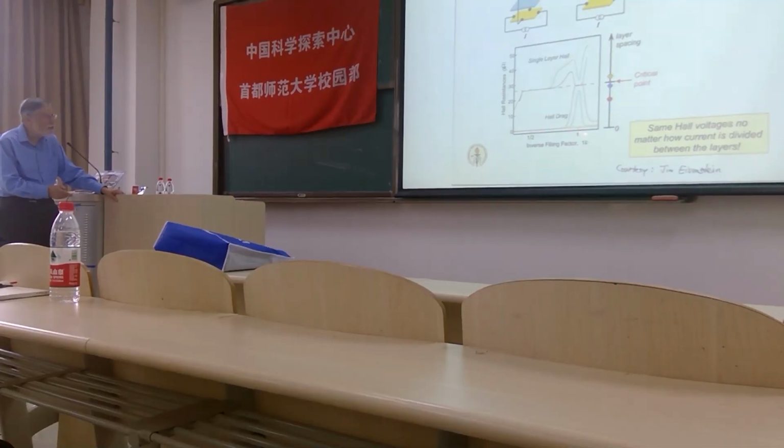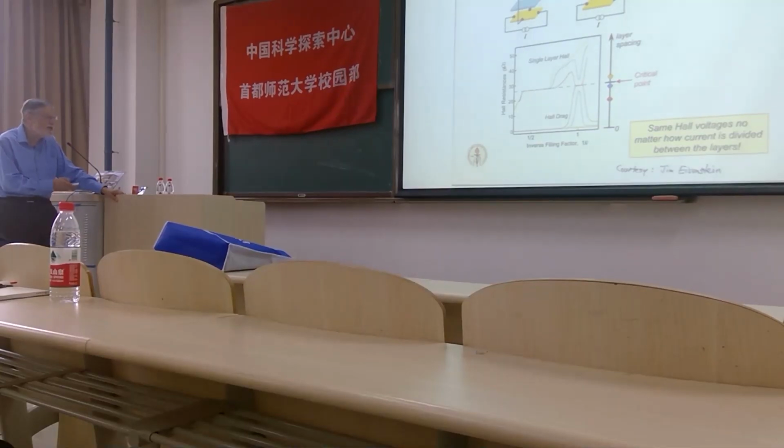Now look what happens with the total equal to 1, so it's approximately 1/2 in each layer. Suddenly I get this new state where the Hall drag jumps to be h over e squared, and the ordinary drag varies and then comes down. So in both layers, it doesn't matter which layer I measure, the voltage drop is the same.